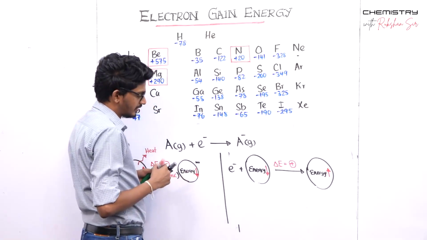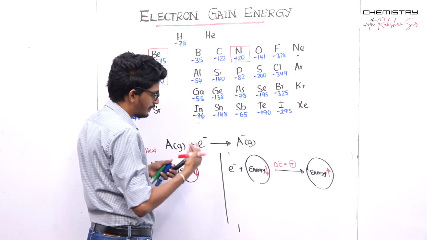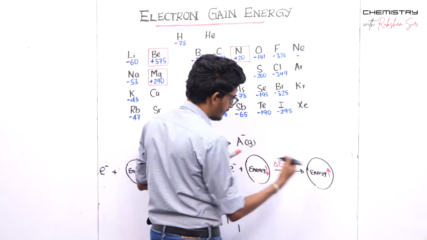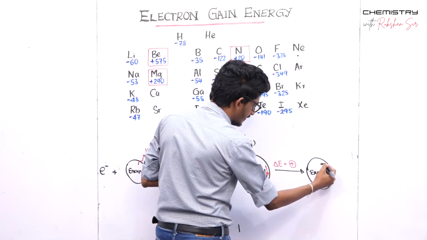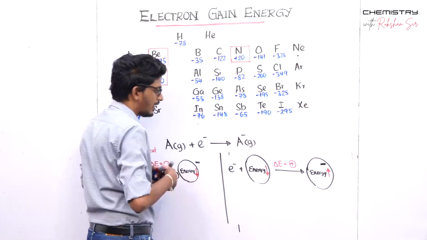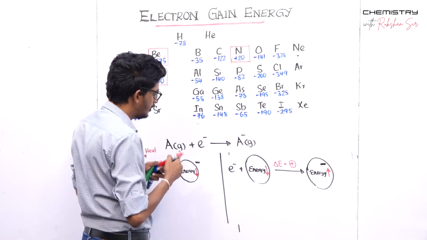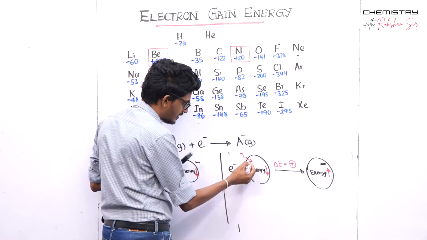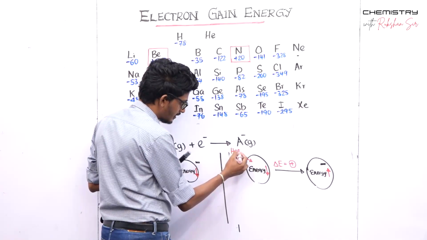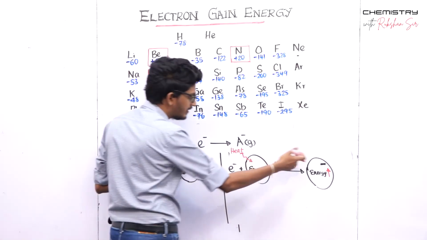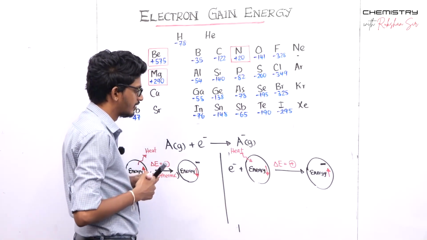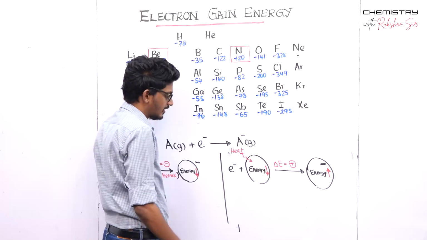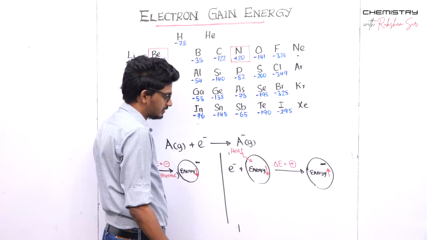For such a situation to happen, not only the electron, but you also need to give some heat energy to those particles to increase their energy. To have a greater energy than the starting state, you have to supply some energy as well.